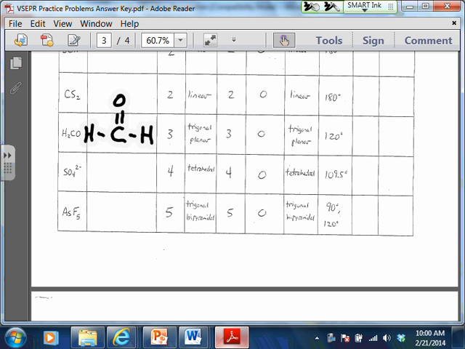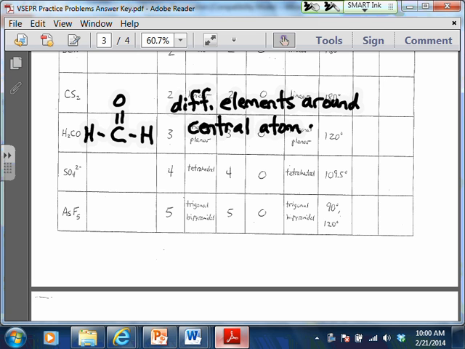So if you have different atoms, that's another thing you should write down. Different elements around the central atom equals polar, okay? Because it's going to be asymmetrical. Does that make sense? So we've got hydrogens and an oxygen on that central atom. So because there are different atoms, different elements around it, that's going to be asymmetrical. So that makes it polar. Okay?